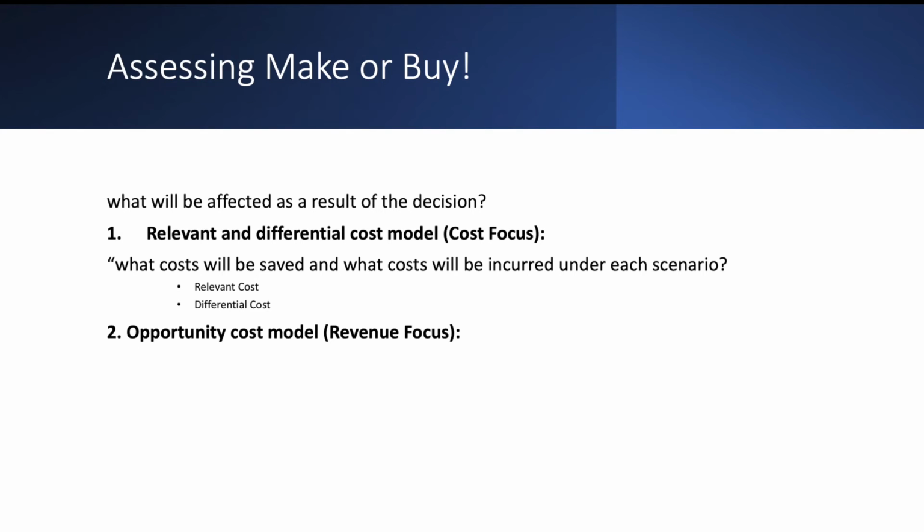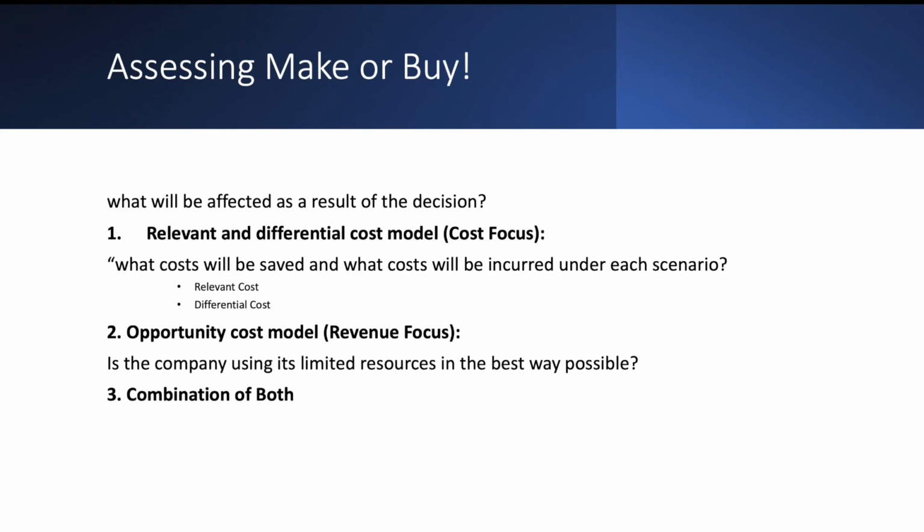Now come to the opportunity cost model, which is revenue focused. Is the company using its limited resources in the best way possible? As you can understand, this is the revenue focus and the previous one was cost focus. Whether the company is using its limited resources in the best way possible. If not, then we can switch to that.